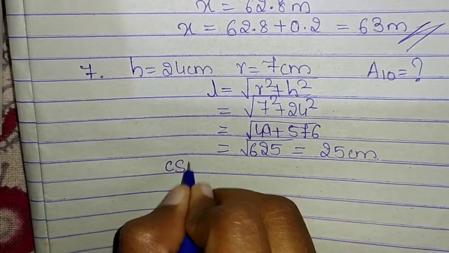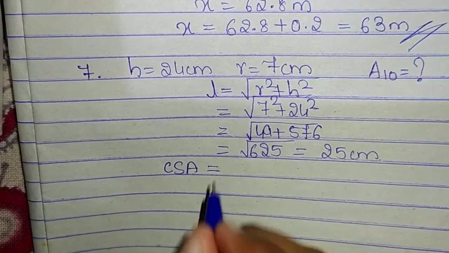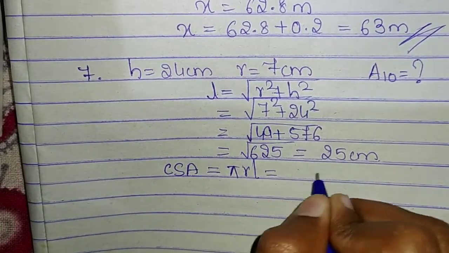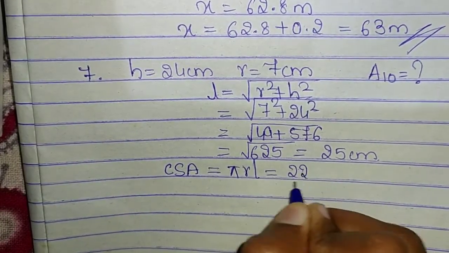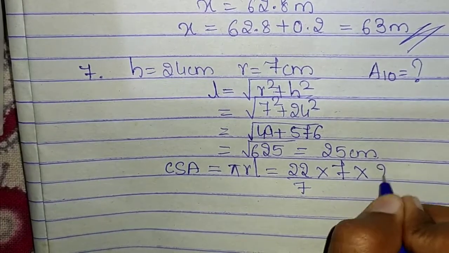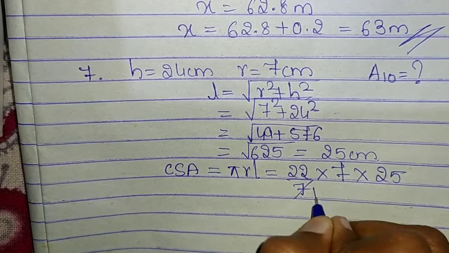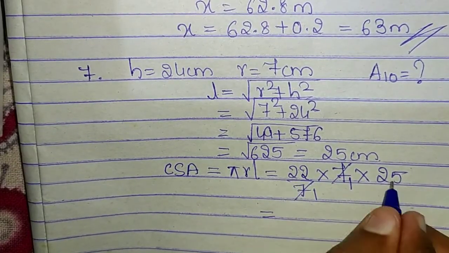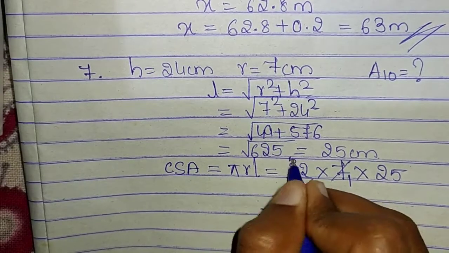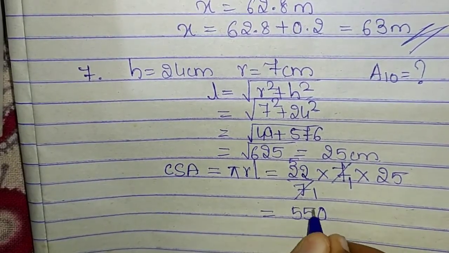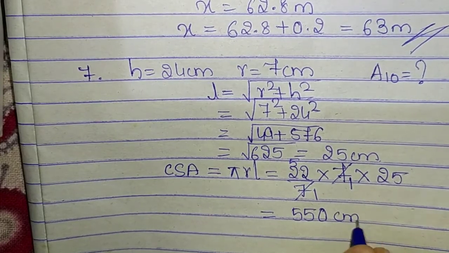So CSA of one cap, for one cap the area will be pi RL, which is equal to pi is 22 by 7 into radius is 7 into slant height is 25. Ones are, so we get 25 twos are 50, 5 carry, 25 twos are 50 plus 5, 550 centimeters square.